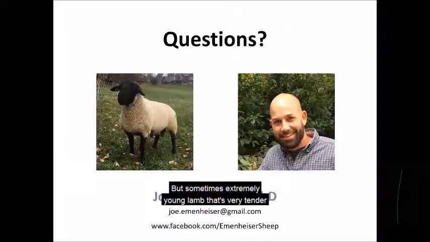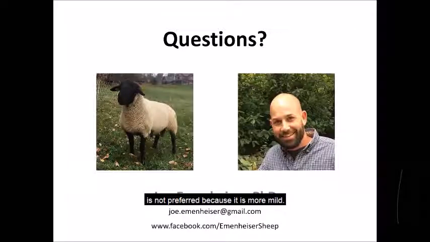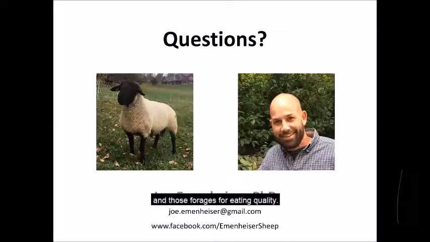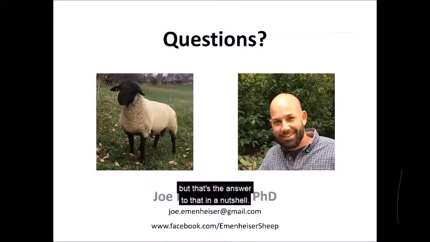But sometimes extremely young lamb that's very tender is not preferred because it is more mild. Okay, so understanding the audience becomes very important in knowing how to manage those grass-fed sheep and those forages for eating quality. We could spend a lot of time on that, but that's the answer to that in a nutshell.